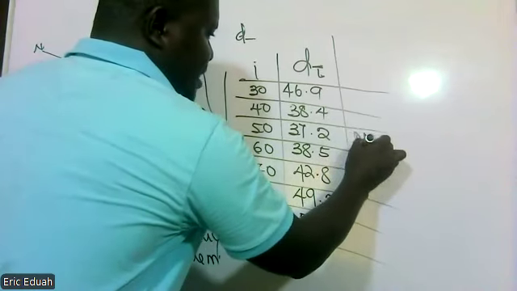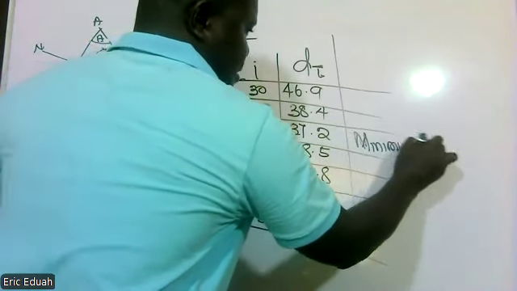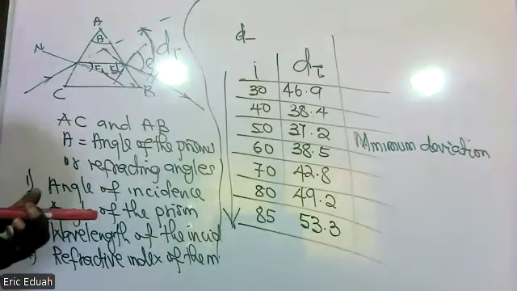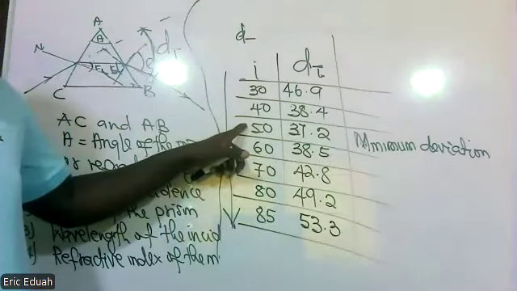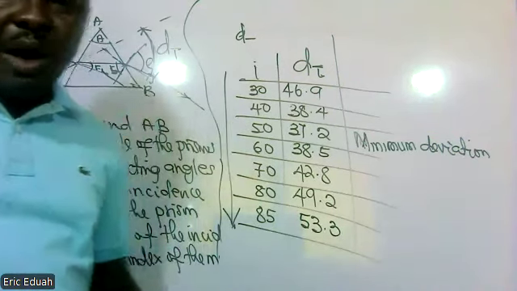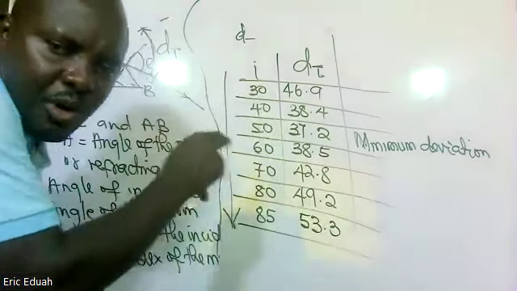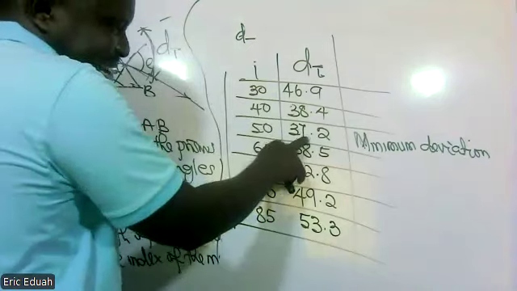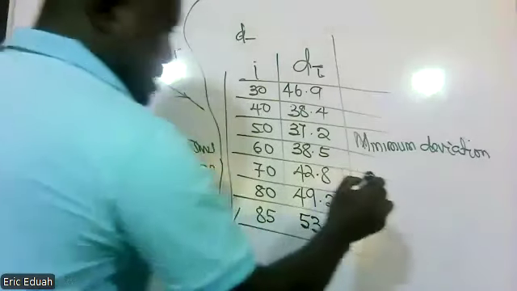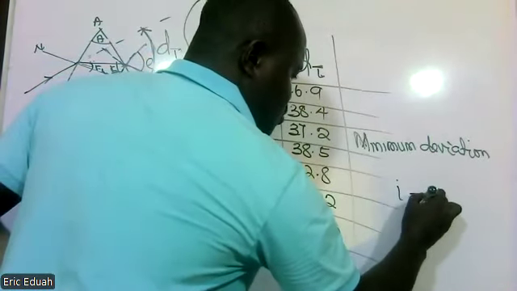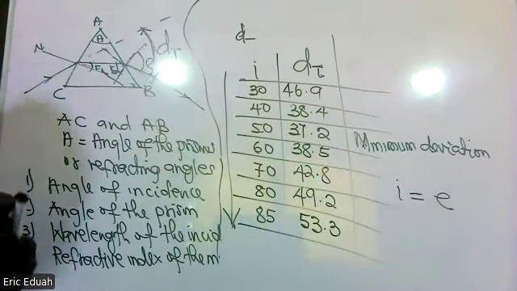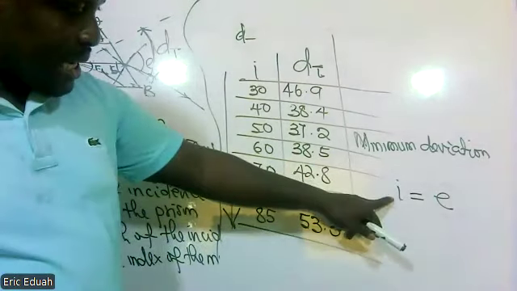The minimum deviation is 37.2, and at an angle of incidence of 50. Now, at this important point, this important angle, that is where we have the angle of incidence I being equal to the angle of emergence E. So at the minimum deviation, what happens is that we say 1.